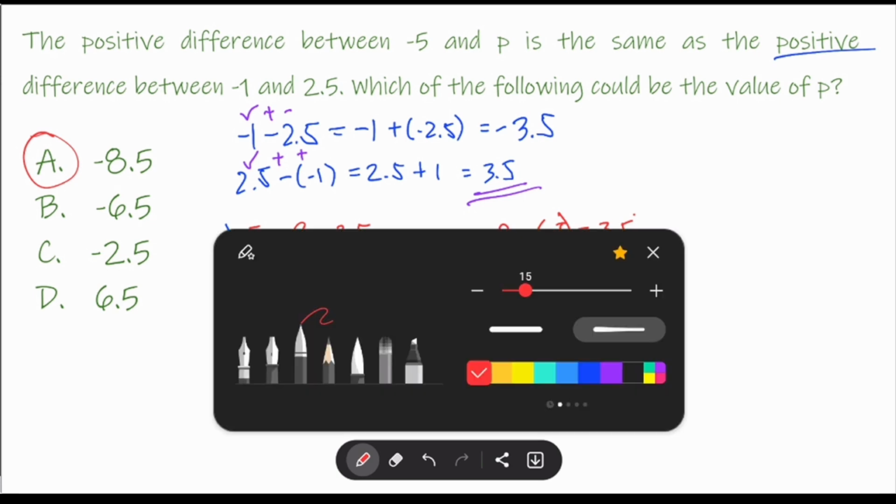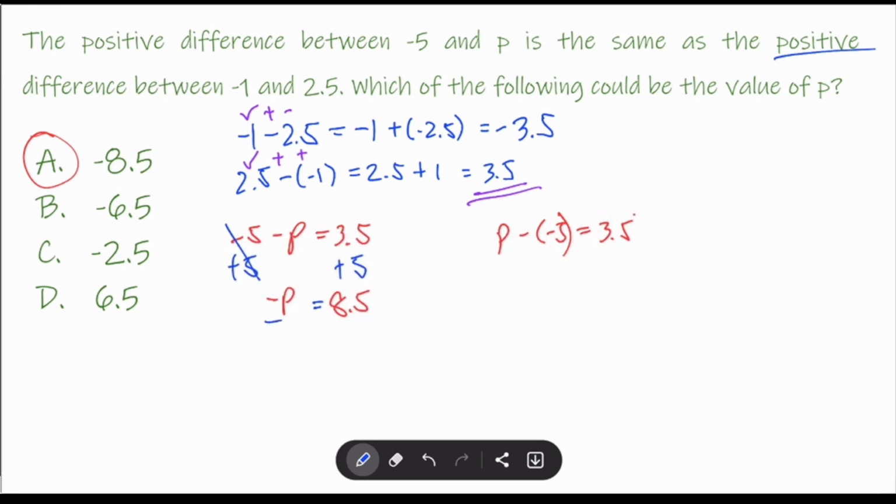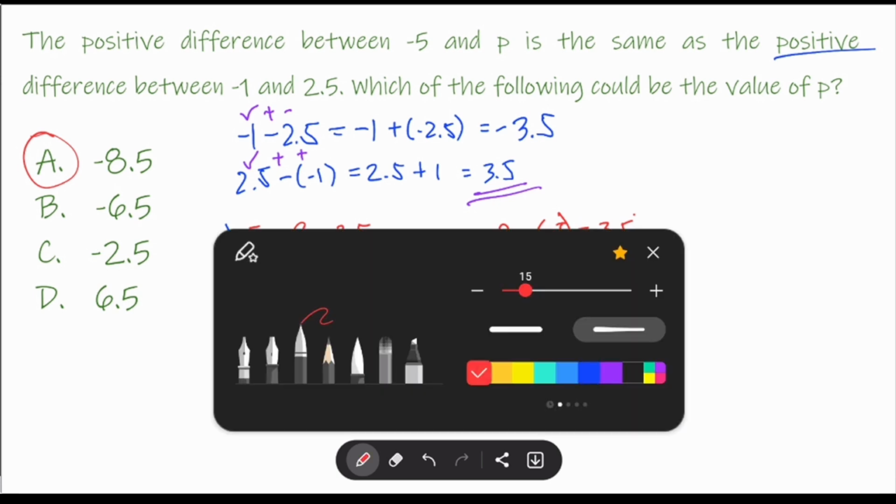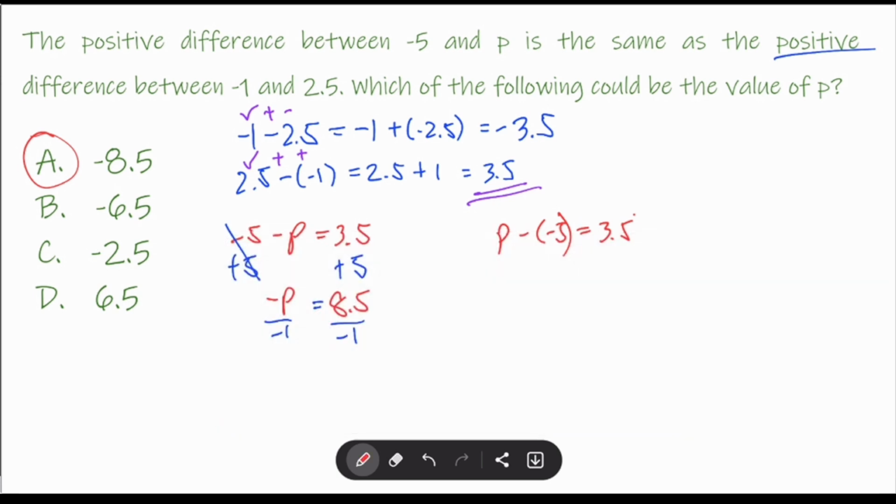Now we still have a negative sign at the side of p, so we're going to divide by negative 1 on both sides, because negative divided by negative is positive, so it becomes a positive p. And 8.5 divided by -1 is -8.5. Different signs, if you divide, it's negative. So p can be -8.5, which is the A.